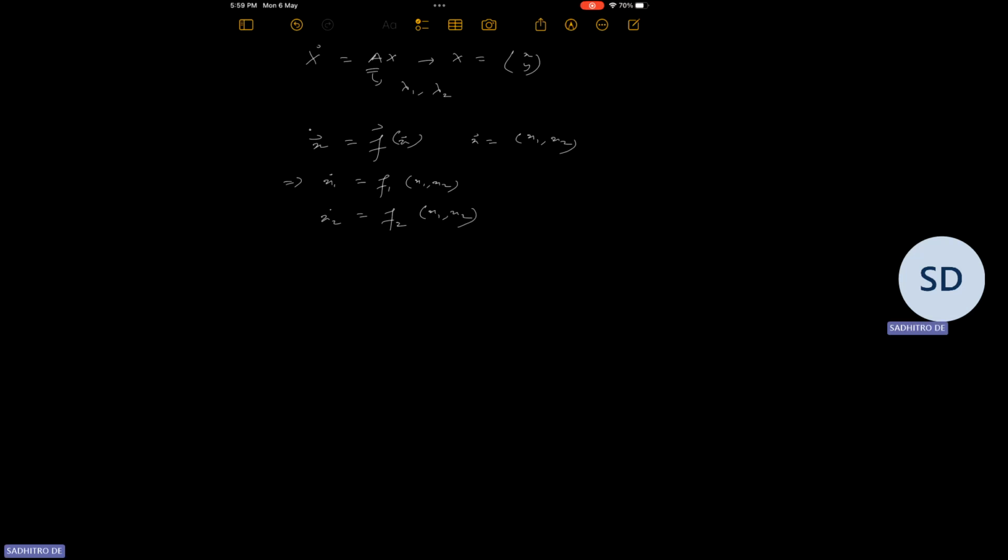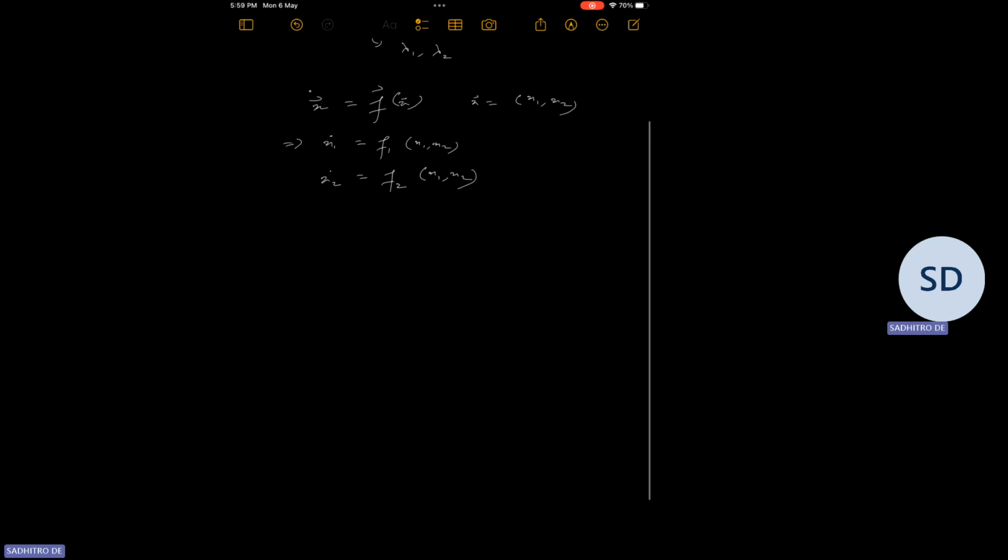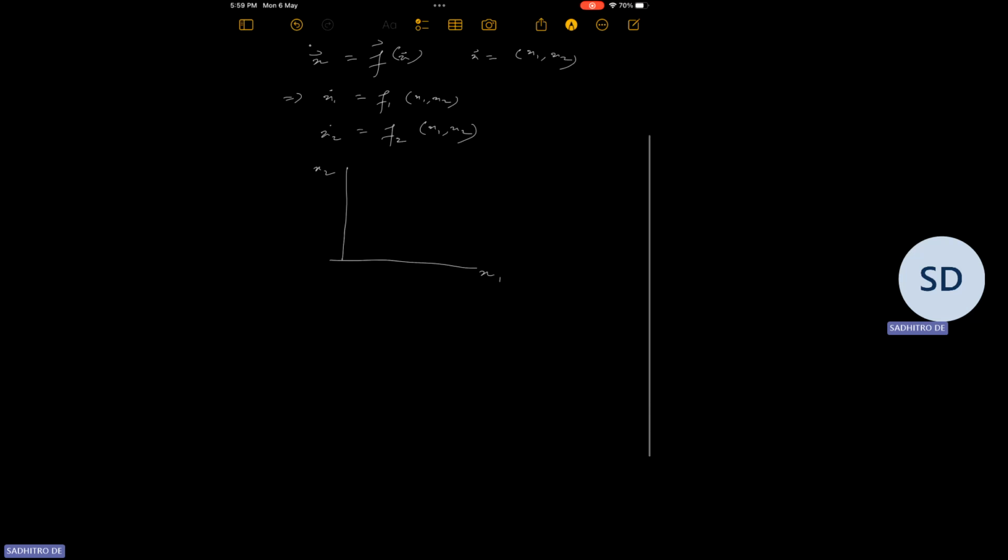So this vector x represents a point in the two-dimensional phase space. So here the phase space, as we had seen in the previous class, is given by basically the two coordinates or the two quantities x1 and x2. And so each point in the phase space denotes the vector x like this.